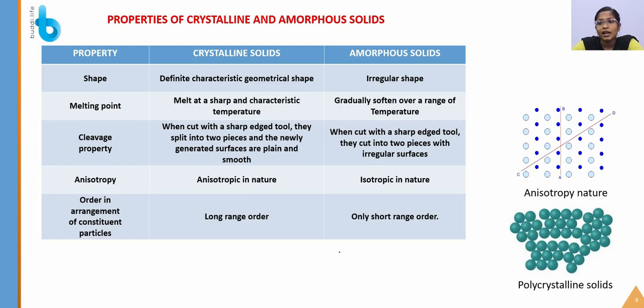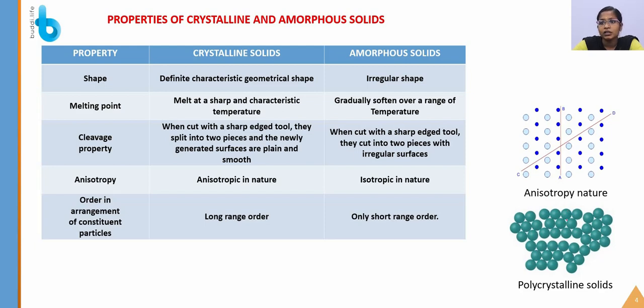There is also a chance of asking another question, the anisotropy nature. What is anisotropy? It is the arrangement of atoms being direction dependent, whereas isotropy is direction independent. Next are polycrystalline solids. This is also one of the important questions, because they have both crystalline and amorphous nature.